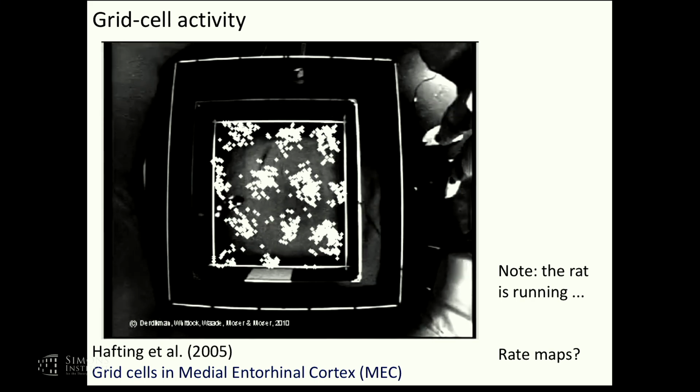Yes, there is some regularity in the grid field firing pattern that may be used to read out position, but no, there is still a lot of features hidden in these firing patterns that we have no clue about what they really mean.